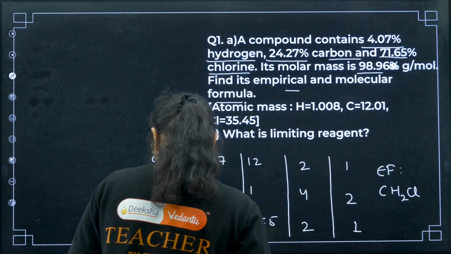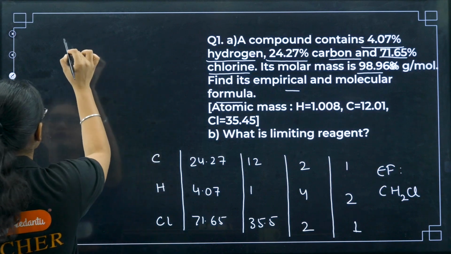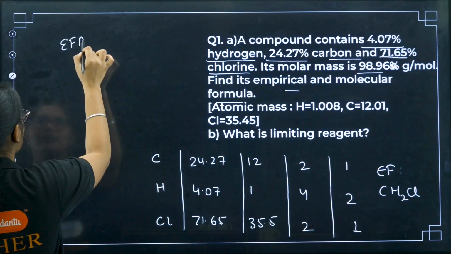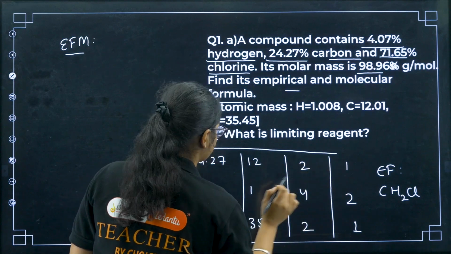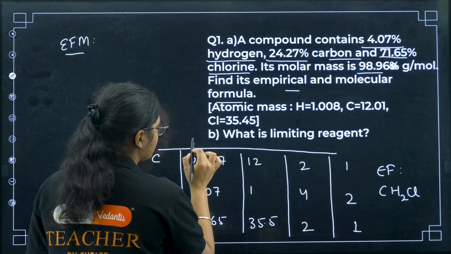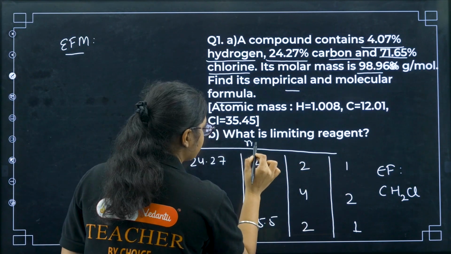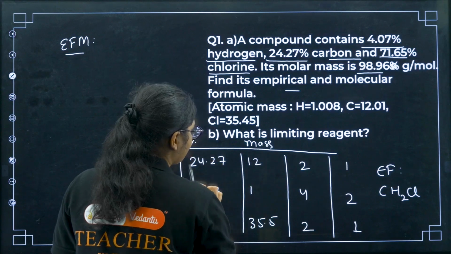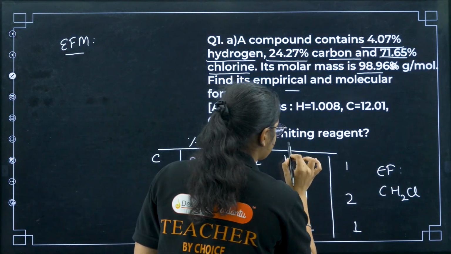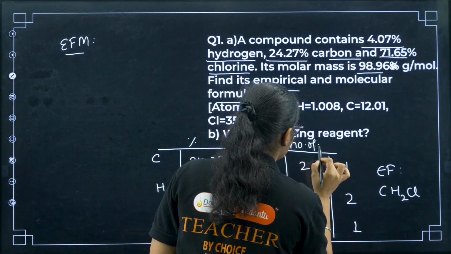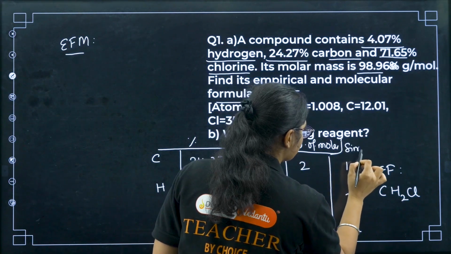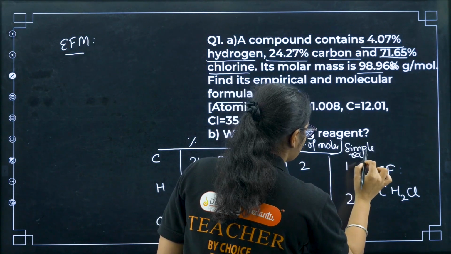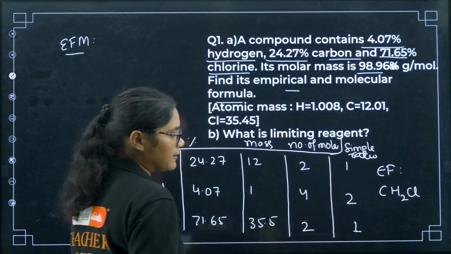Now you have to calculate the empirical formula mass. Let me tell you the steps properly. First, here you write the percentage, here you write the atomic mass. Divide the percentage by the mass, which gives you the number of moles. Once you have the number of moles, take the simplest whole number ratio, and this is your empirical formula.